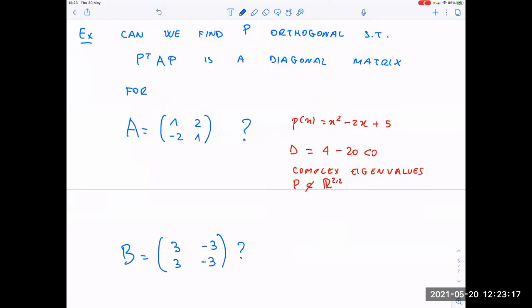And we want to know if we can make it into a diagonal matrix by multiplying by an orthogonal matrix. Can we do this? Yes or no?